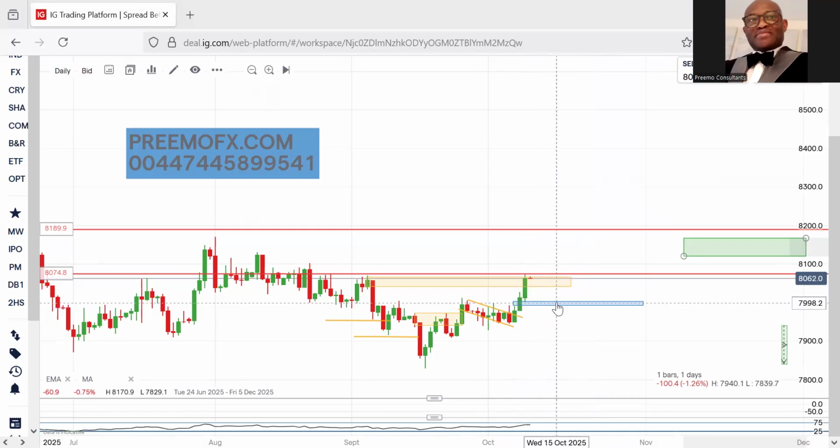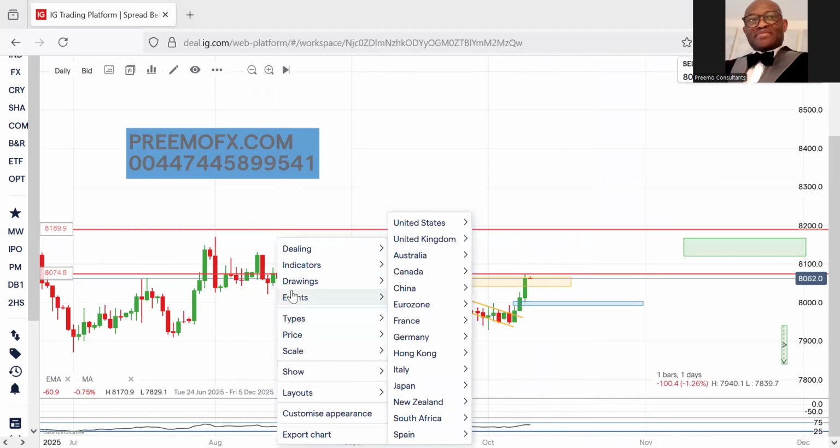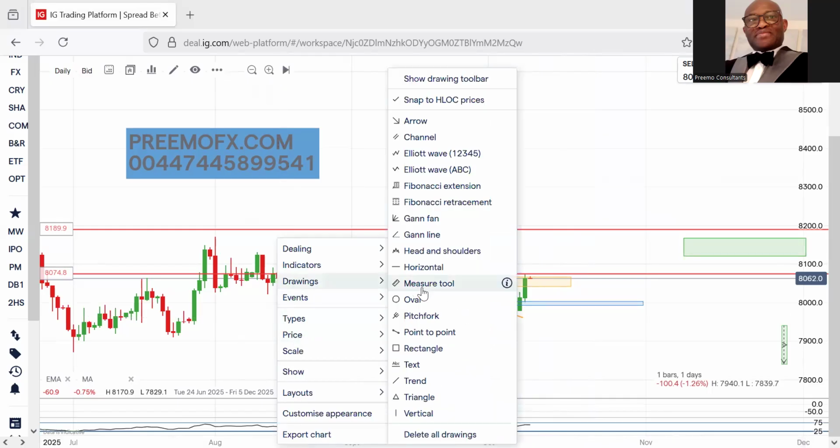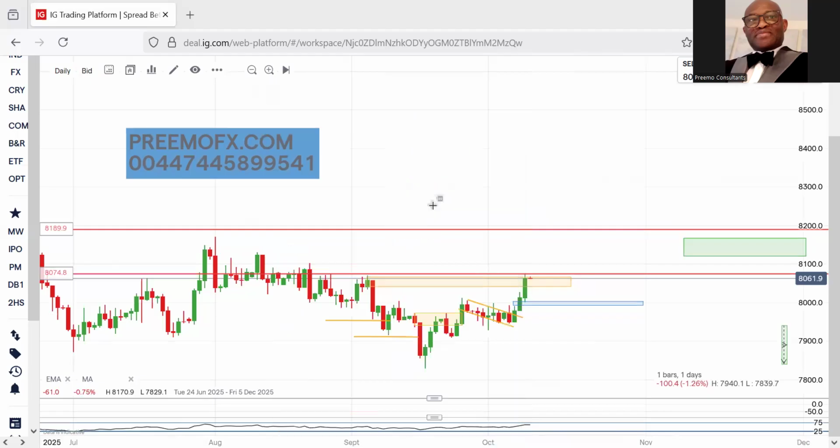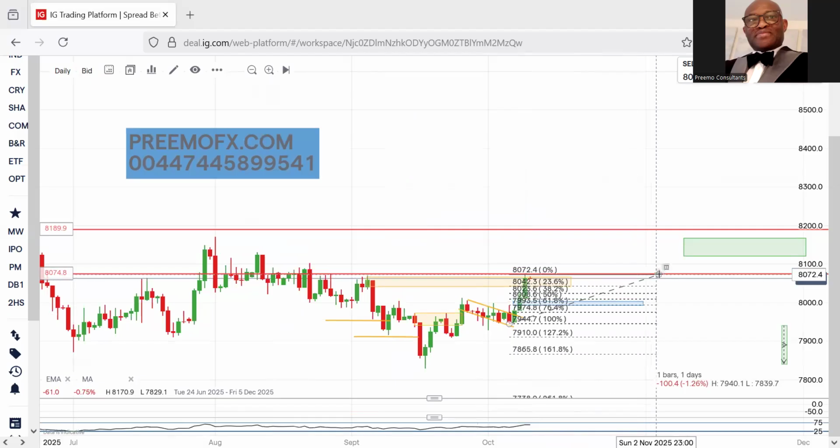Why are we going to react from here? We check out the fib retracement level from the bottom to the top.